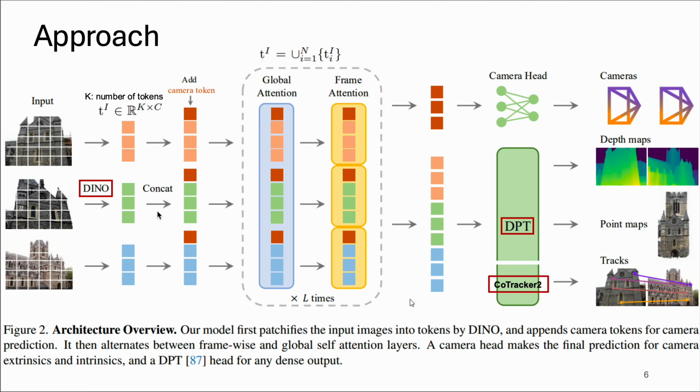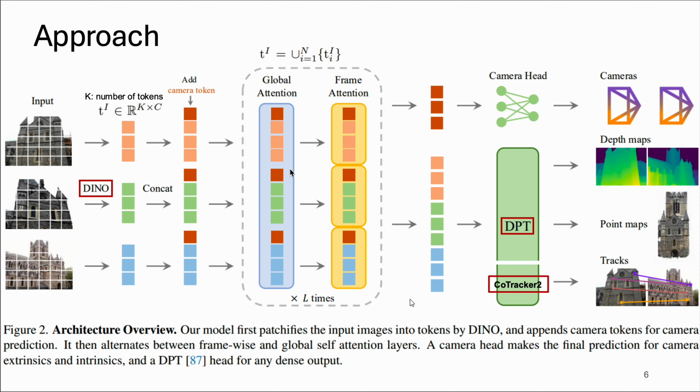Once the images are patchified by DINO, they are turned into image tokens. Then each image is appended with a camera token. This is fed into what is called the alternating attention module.